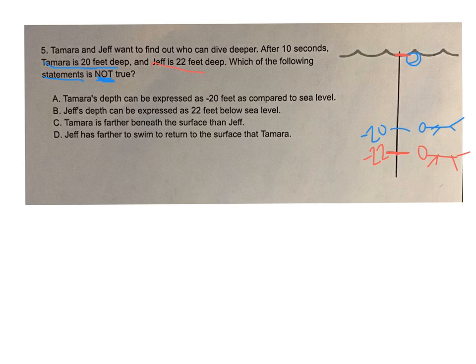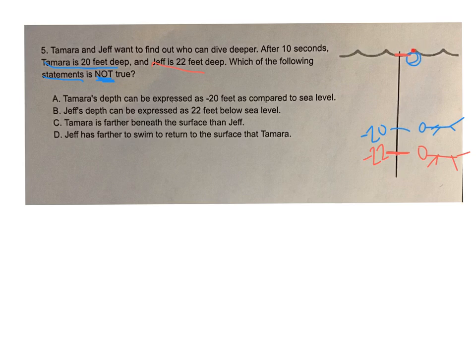Okay, so A, Tamara's depth can be expressed as negative 20 feet as compared to sea level. But it's got that word depth, and we talked about that in class. So depth, I think we usually use the absolute value. I agree. My only thing is it says that we're comparing it to sea level right here. So I feel like that's how we drew it, right?